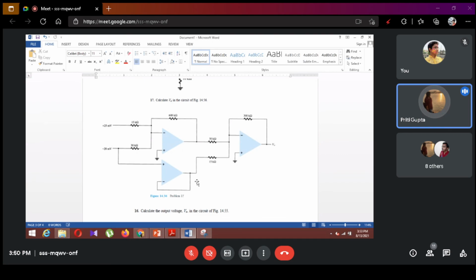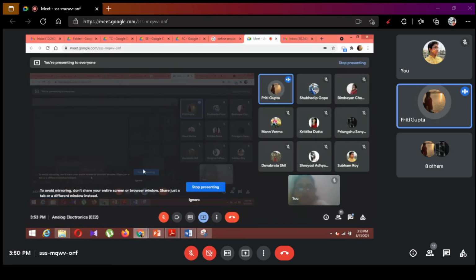Using op-amp: high pass filter, low pass filter, band pass filter and band reject filter. In circuit theory, are you studying filters? Has it been done so far? Is this part done? Yes or no? And filter circuits and problems. Filter circuits have not been done that way yet.